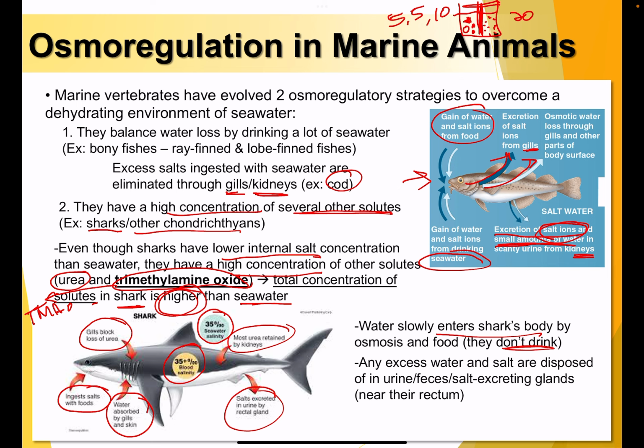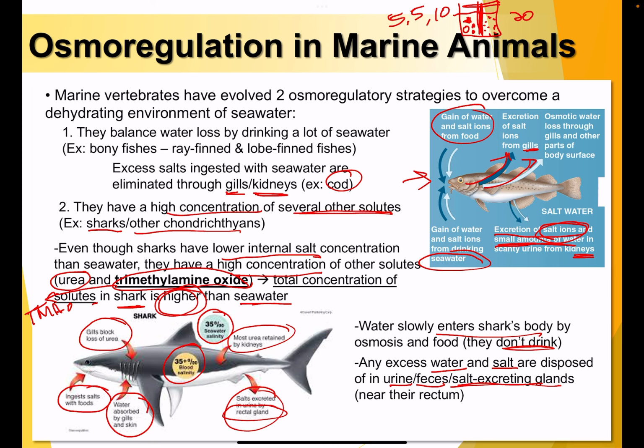And then any excess water and salt that they have taken in from the environment or while they're eating will be disposed of in urine, feces, and also those salt secreting glands that I was talking about, which are located in their rectum. So you will hear or read about people saying salt secreting glands or rectal gland, but they're the same thing.